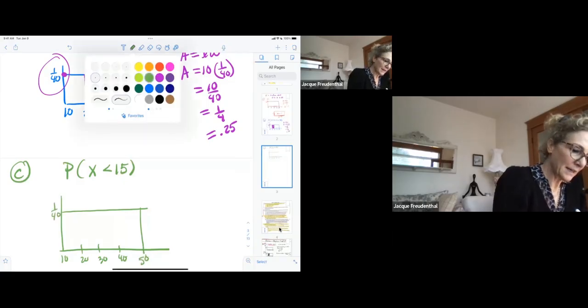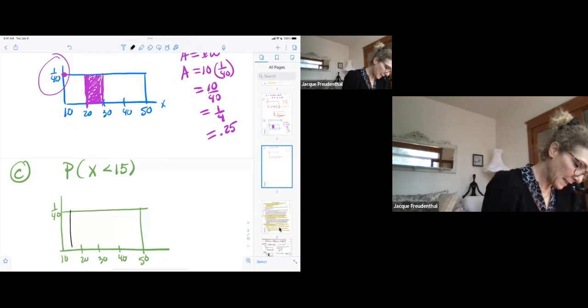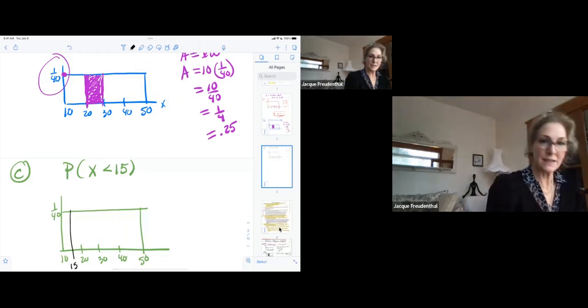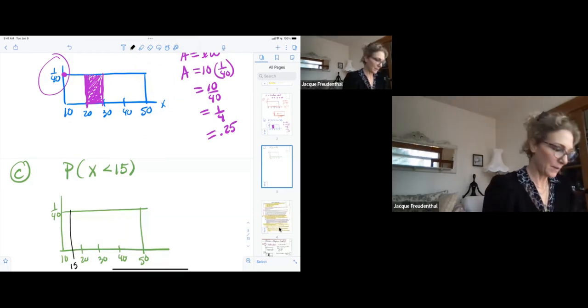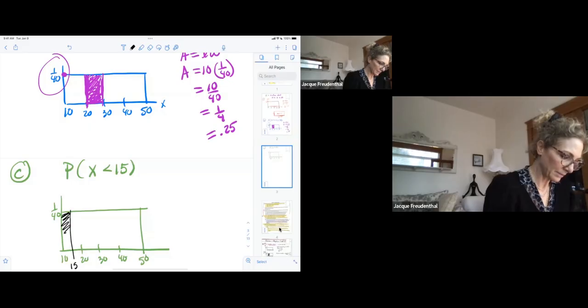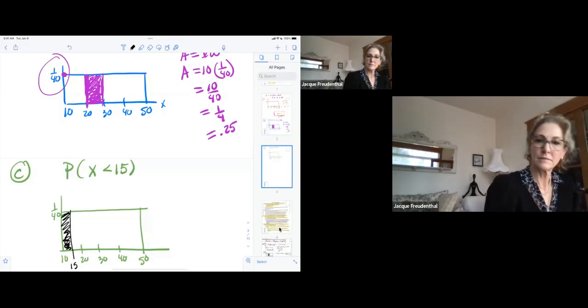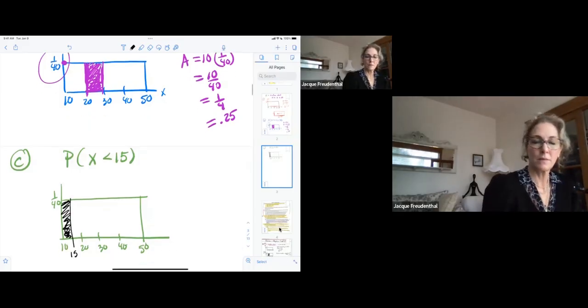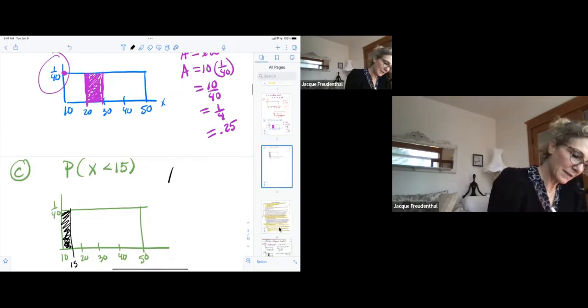I'm going to shade that in here. So 15 is between 10 and 20, and I want less than that. So I'm looking at the area of that box.